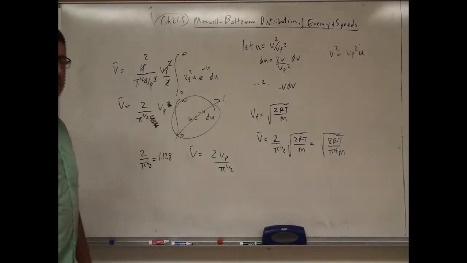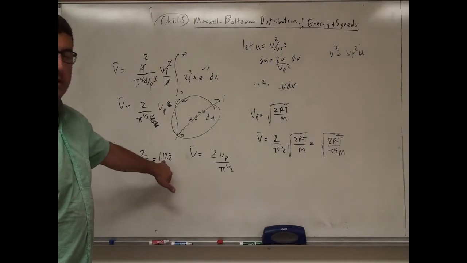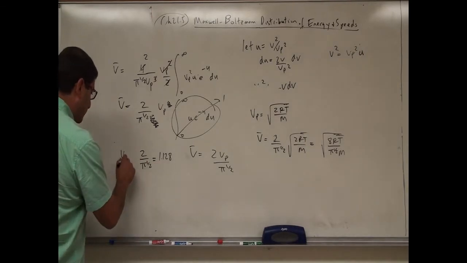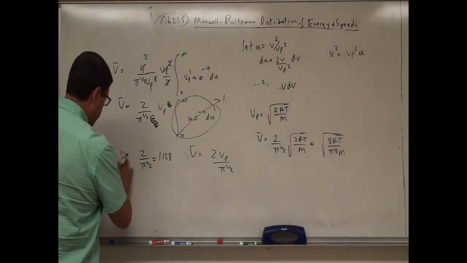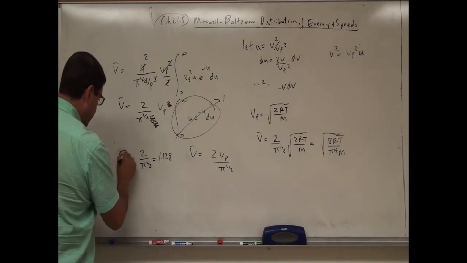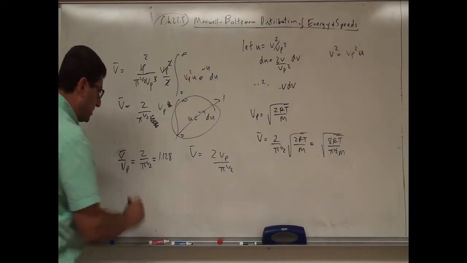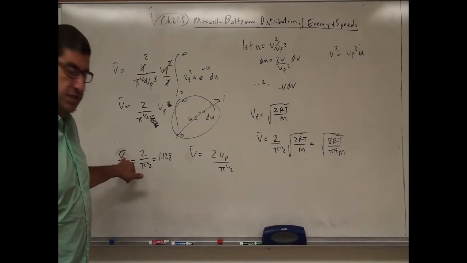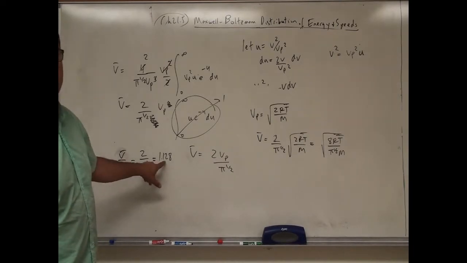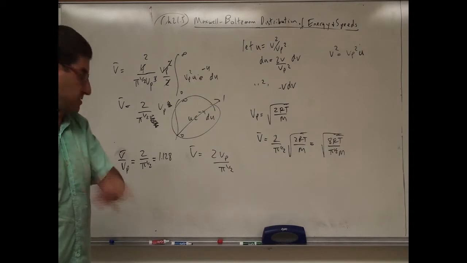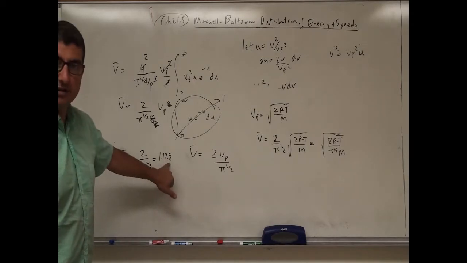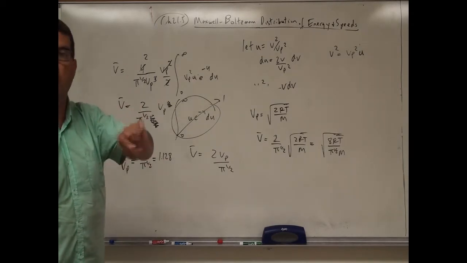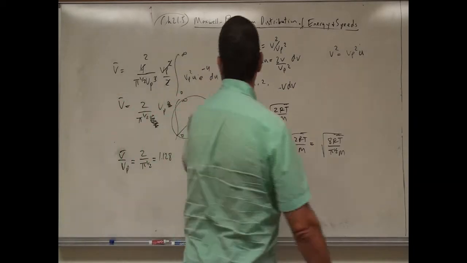So we can say the V average divided by Vp is 1.128. So the average speed of molecules in the gas is going to be 12% or 13% higher than the most probable speeds, right?